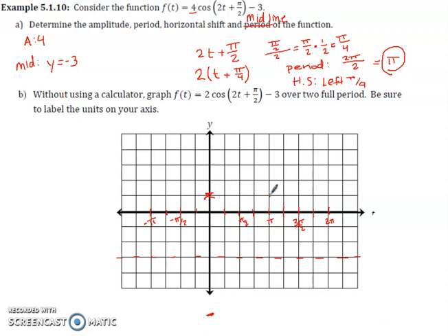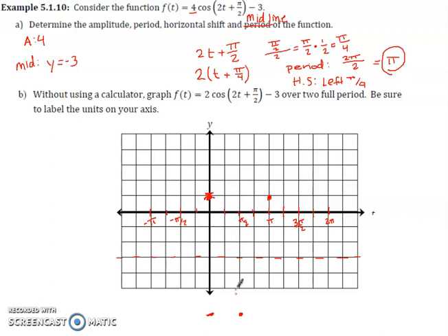So I'm going to reach another maximum here at pi. So cosine has a max at 0, and then normally it would have its next max or complete a cycle in 2 pi, but here, since our period is just pi, it completes its cycle at pi. So that means that halfway in between the two maximum values at pi over 2, it will reach its minimum value, which would be -7.